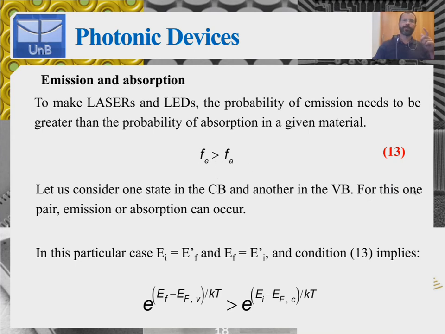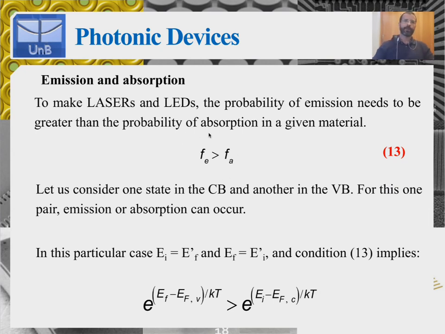So for this single pair, you can have either emission or absorption. So we'll have emission if there's an electron in the higher state in the conduction band and it moves down into the valence band emitting a photon. On the other hand, you'll have absorption if the electron is actually in the lower state and there's an empty state in the higher state so that the electron can absorb light.